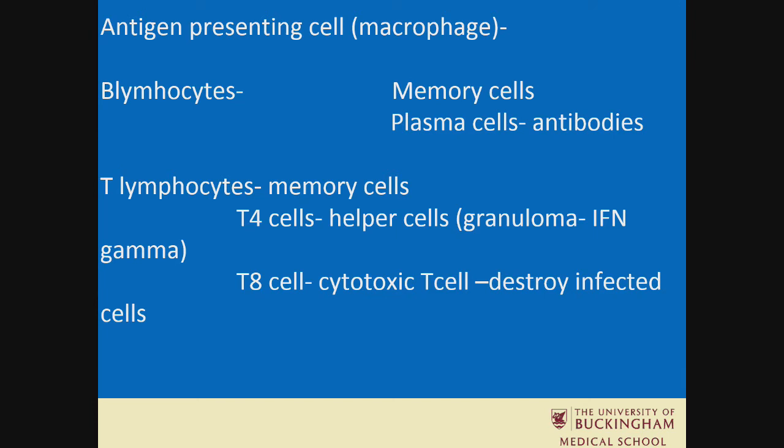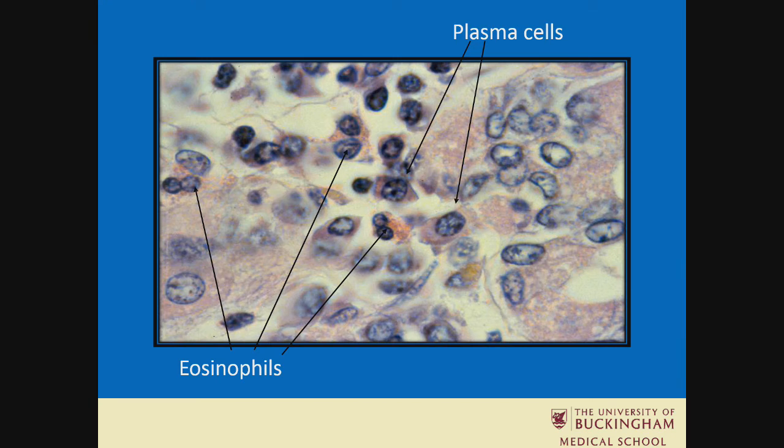The same way, NK cells or natural killer cells can also kill the infected cells and tumor cells. Then the third group is plasma cells. This is a plasma cell. It is larger than a lymphocyte and has an eccentrically placed nucleus.